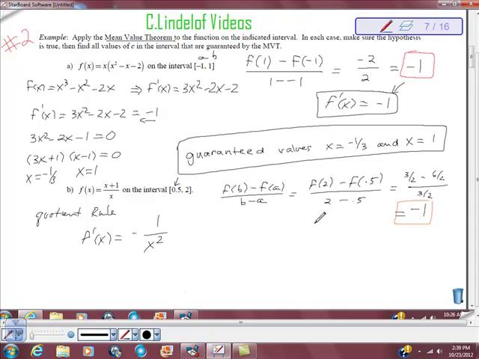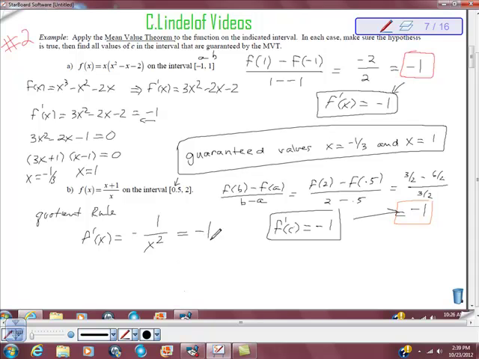And remember, this is what I do want my AP reader to know: I realize that I'm supposed to set f prime of x equal to that value, in this case -1. So that's the value I'm looking for. I'm looking for f prime at c, the value that's going to make that happen.